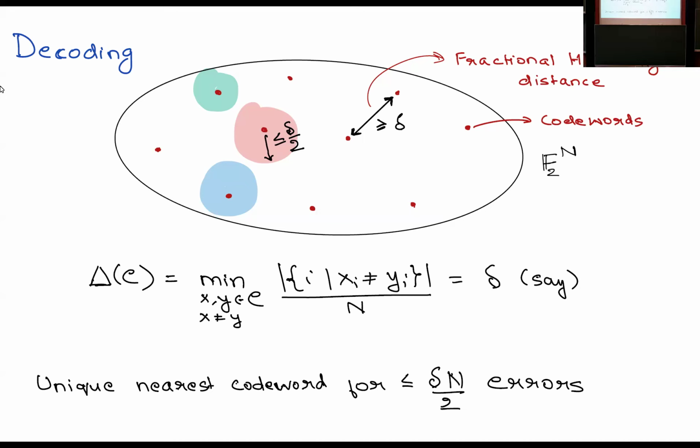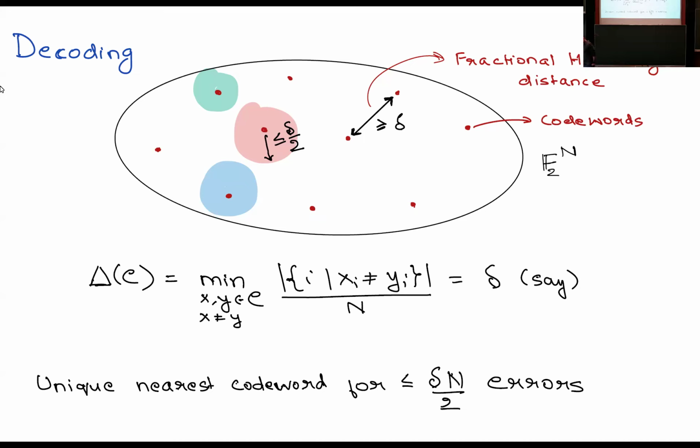And if we want to uniquely recover the nearest code word. So suppose I tried to send you a code word, there were some corruptions, and you want to figure out which code word I intended to send without any ambiguity. The best I can hope for is delta over 2 fraction of corruptions. Because otherwise, I can corrupt so much that you go from this center to something closer to this center, and then there is no way to resolve this.